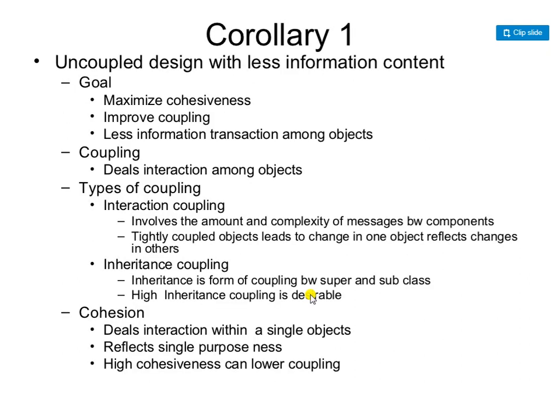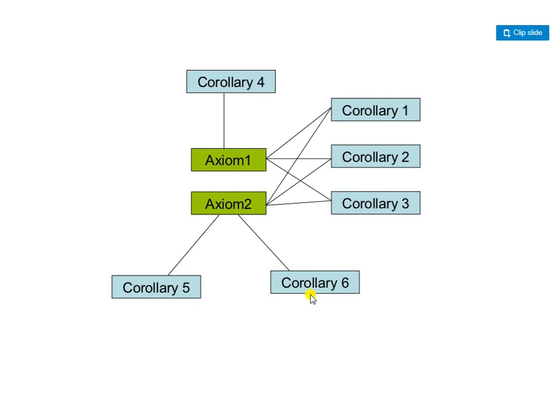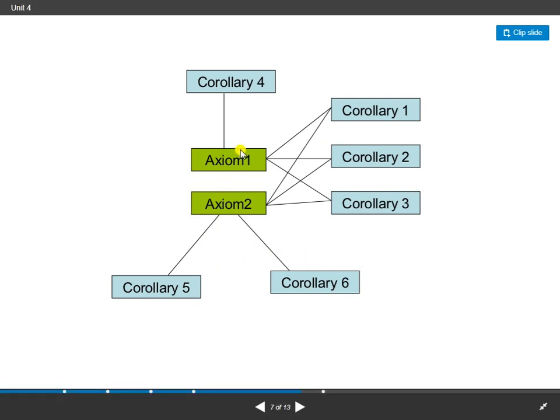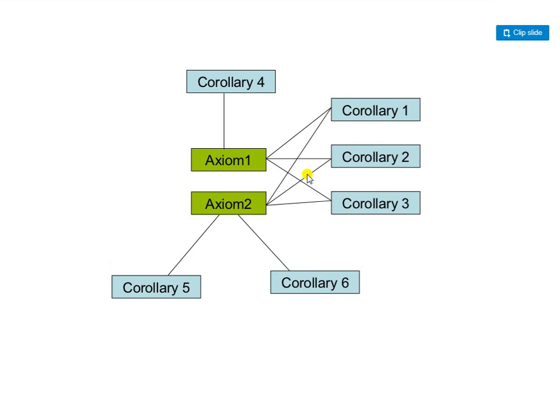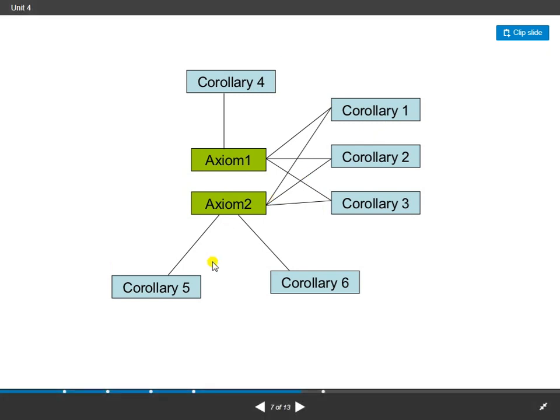These corollaries are connected with axiom 1 and axiom 2. These corollaries, that is the object oriented design rules, depend on how the axioms are connected, which gives good coupling.